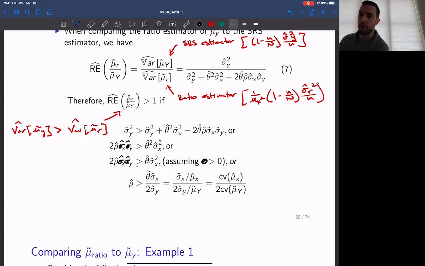Or in the situation where the correlation exceeds a ratio of the standard deviations multiplied by theta hat over 2.